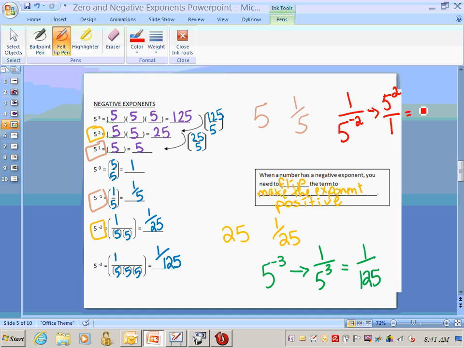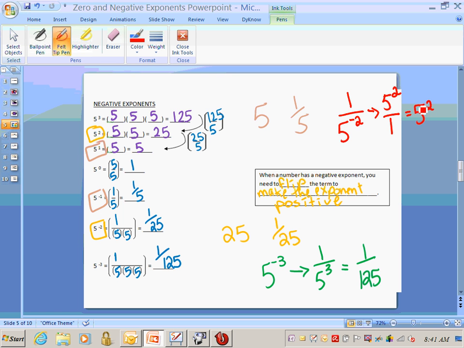So it's just 5 squared, which is 25. You're going to move it to the top or the bottom. If it's on the bottom, you're going to move it to the top, and you can change the exponent to positive. So it's always going to be a fraction if you're moving negative exponents.